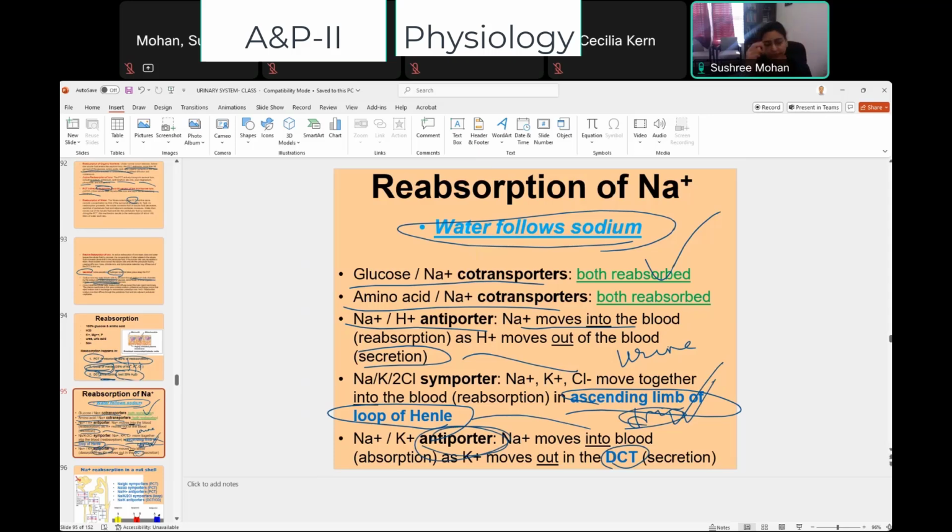So a question for you: in the ascending limb, sodium and potassium are what kind of transportation? Symporter. But in the DCT, they become antiporter. Sodium is taken inside by reabsorption, and potassium is kicked out, or secreted, into the urine.